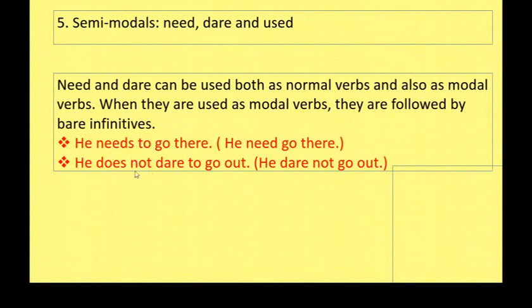Doesn't, to make the sentence into negative, doesn't has been used, and full infinitive has been used. And when we use this as modal verb, then just after the modal verb not has been used to make it negative, and here to is omitted, that is bare infinitive has been used.